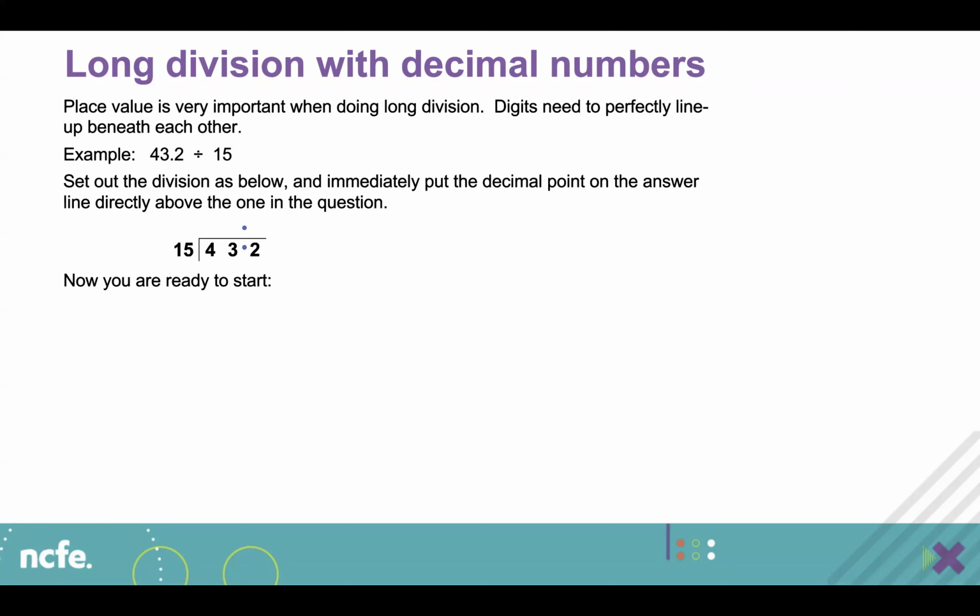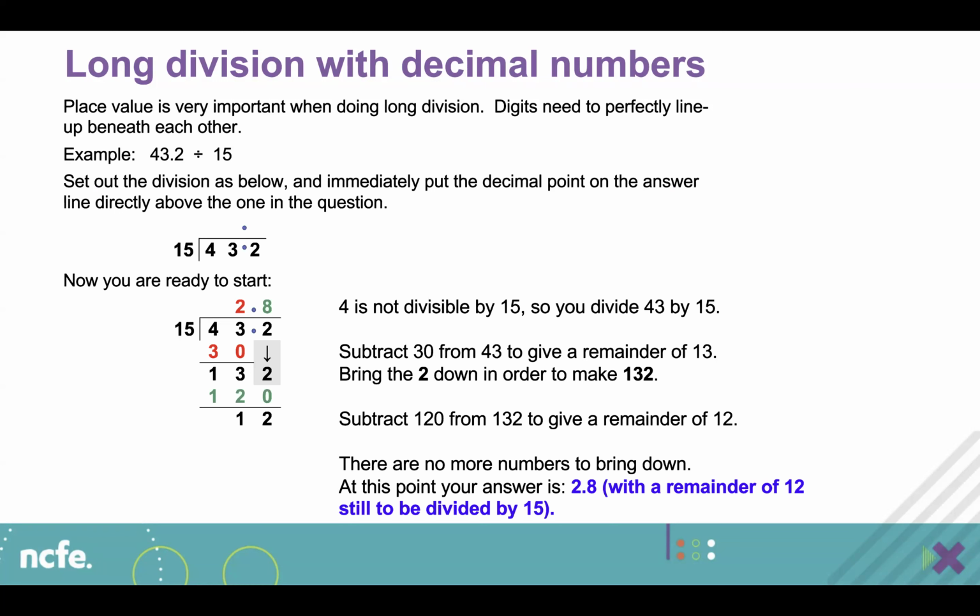15 divided into 43.2. As you can see here, 15 goes into 4 zero times, 15 goes into 43 two times. However, you carry 13, so 15 goes into 132.